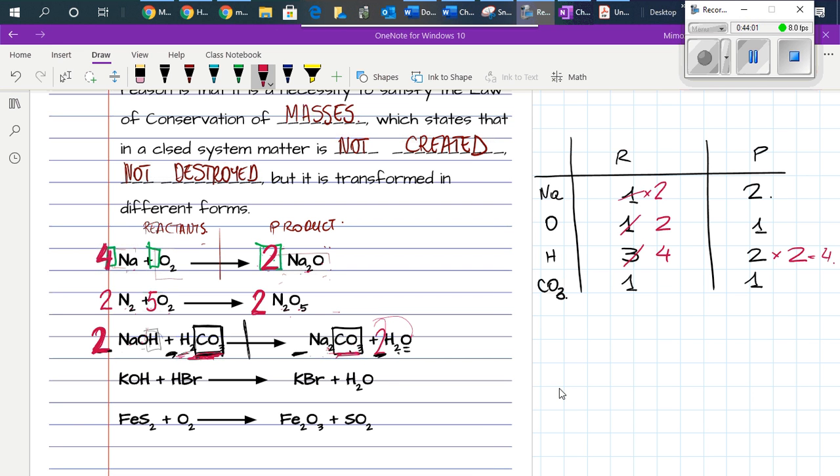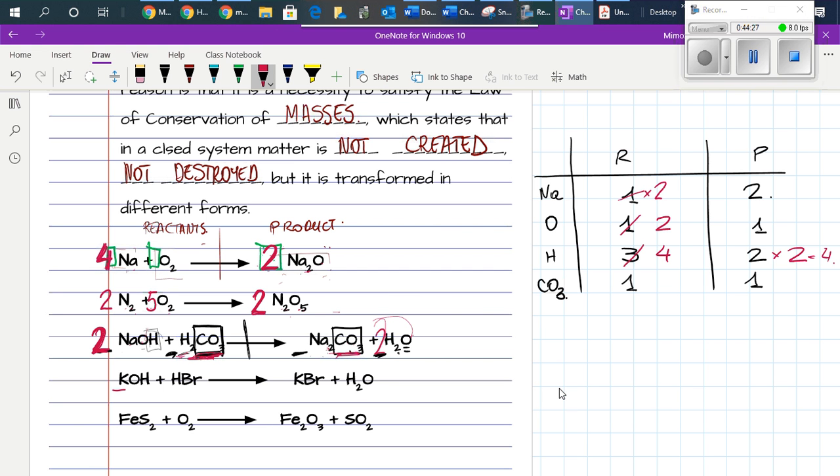Let's take a look at the other one. And see, this is again an example of a double replacement, that specific case of acid and base, where a salt and water are formed on the product side. So there are cases like this where the reaction is already balanced.